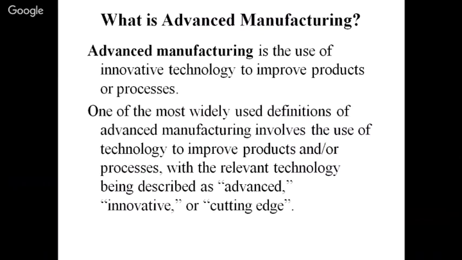So one of the important things here is the product design also. That means whatever you are going to manufacture, that must be thought out first. It may be based on an existing product or maybe something new.